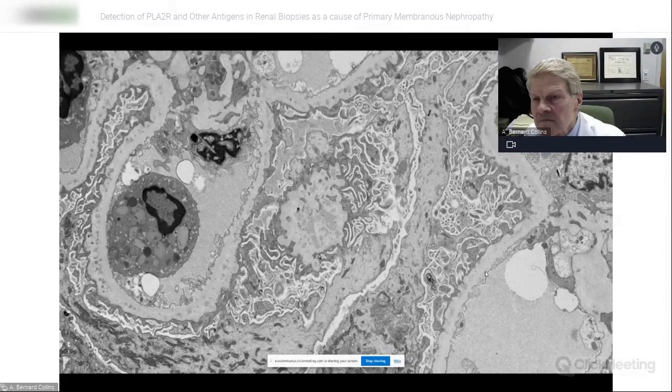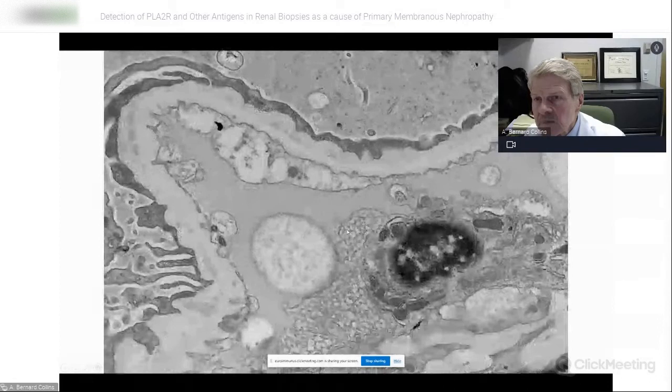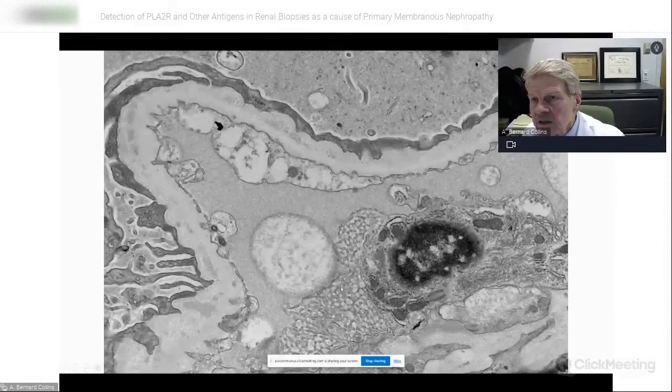And so this was a dilemma. We went back and looked at the fluorescence again, and we said, perhaps there is some linear staining there. We looked in the mesangium. There were no mesangial deposits. But as you can see, another power of the electron micrograph, you can see segments that have no deposits, which corresponds to possibly a little bit of the segmental staining that we saw in the IgG, but we had difficulty really determining that.